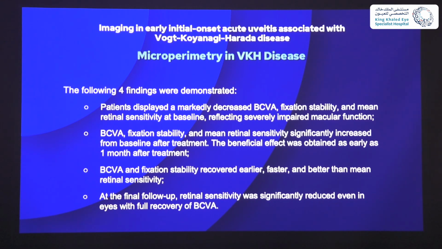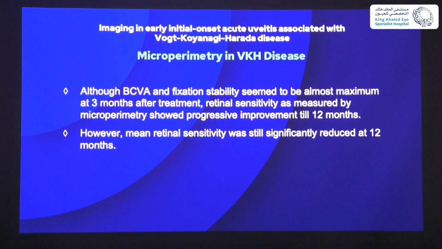The beneficial effect was obtained as early as 1 month after treatment. Best corrected visual acuity and fixation stability recovered earlier, faster, and better than mean retinal sensitivity. At the final follow-up, mean retinal sensitivity was still significantly reduced even in eyes with full recovery of best corrected visual acuity.